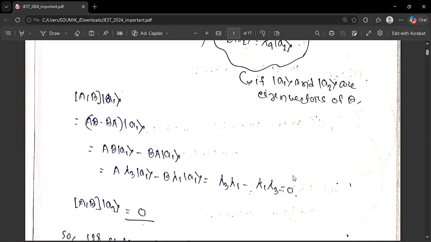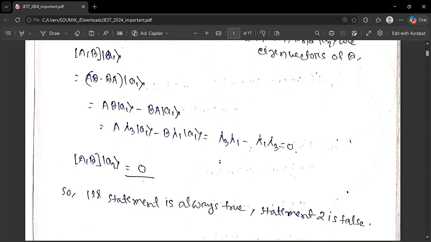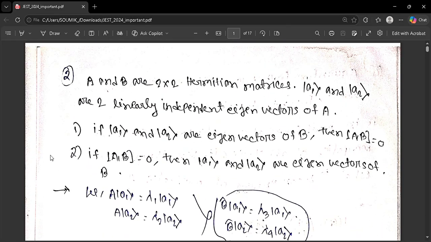So the first statement is always true, but statement 2 is false, because if the commutator of A and B is 0, it is not necessary that small a1, small a2 will be eigenvectors of the B matrix also. If a1, a2 are eigenvectors of A and B, then the commutator of A and B will obviously be 0. So you have to think carefully to solve this type of question.